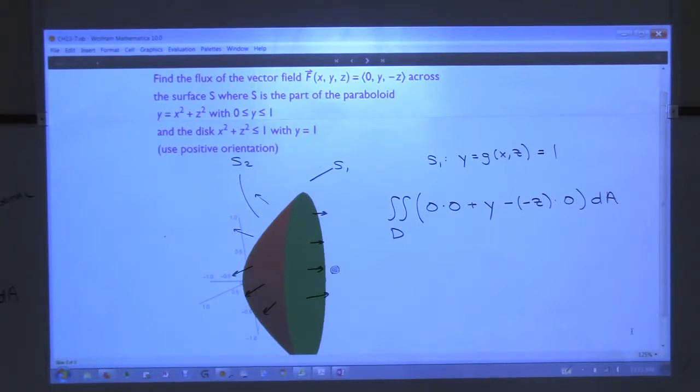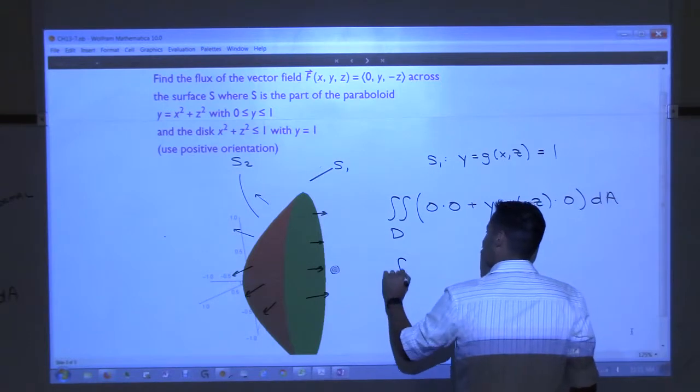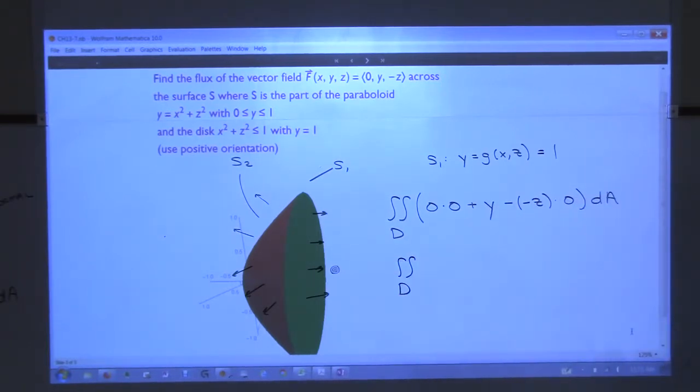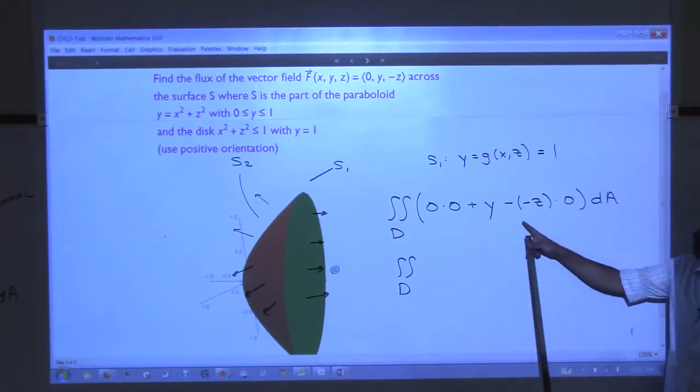All right. What's left here? We get the double integral over D, and we just get what? Y? How are you getting y? Yeah, z times 0.